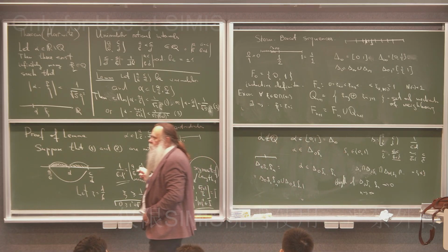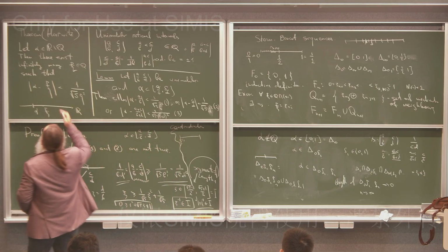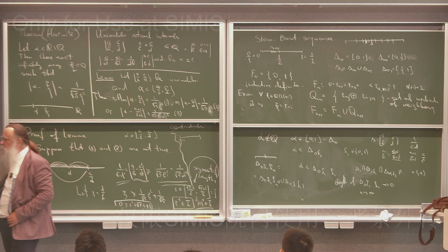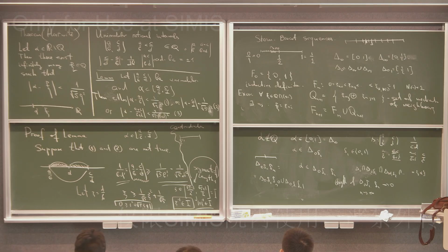So, returning back to our task. Our task is to prove the Hurwitz theorem. Hurwitz theorem says that there are infinitely many P over Q which give such a wonderful approximation to an irrational alpha.